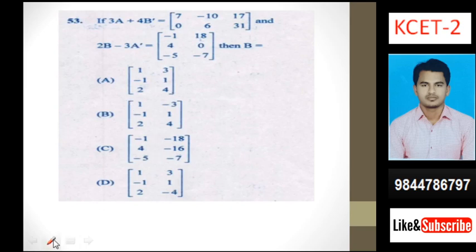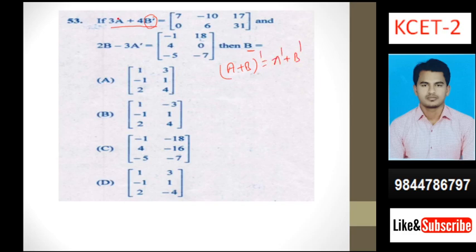Now, this is one of the important questions. 3A plus 4B dash, where B dash means transpose of B, should be equal to the resultant, and 2B minus 3A dash is the other resultant. I need to calculate what matrix B will be. Remember one thing, we know the property of transpose: A plus B whole dash is equal to A dash plus B dash, isn't it?